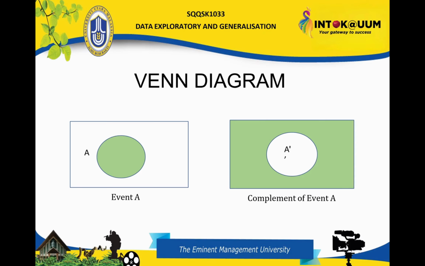The rectangle shows the entire sample space, while each circle represents an event. So here we have event A, which is represented by the green circle and is surrounded by the rectangle representing the sample space. Meanwhile, the area outside the circle represents the complement of that event.